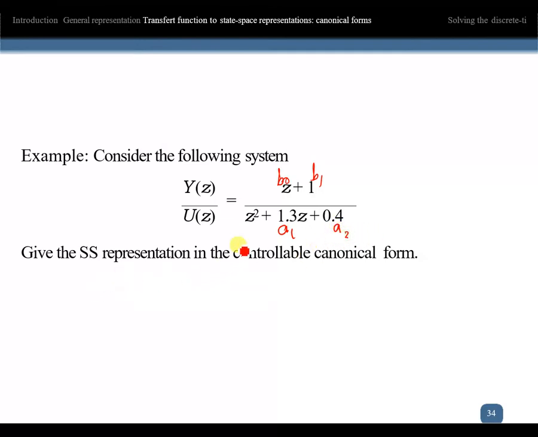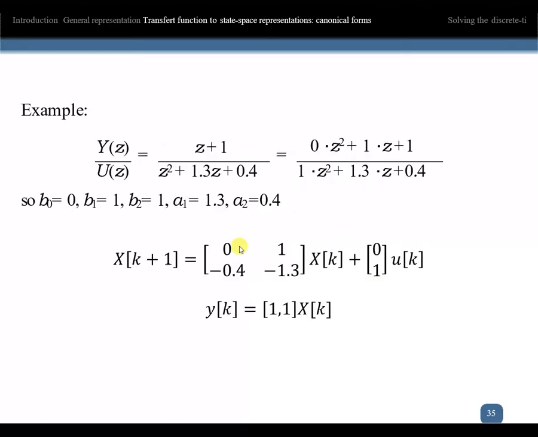Then if you put in the matrix that you saw, b0 is 0, b1 is 1, and b2 is 1, and a1 is 1, a2 is 0.4. If you put in the matrix, this system is controllable.